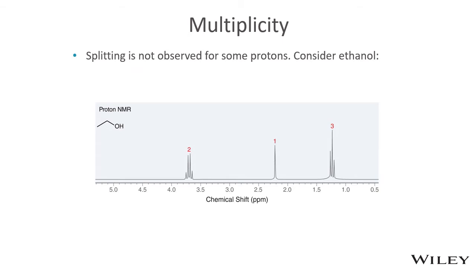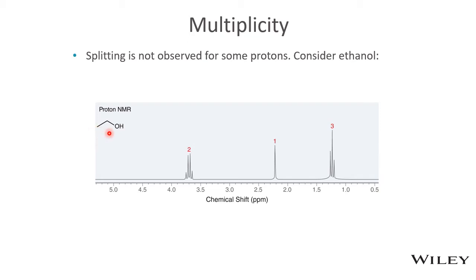Splitting is not observed for certain types of protons. For example, the H attached to the oxygen in an alcohol, or in ethanol in this case, does not participate in splitting. The reason behind this is that this H is known as a labile hydrogen, and so it's easily removed and exchanged with other hydrogens either in the solvent or in other alcohol molecules. As a result, this H does not stick around long enough to cause any splitting for the neighboring hydrogens on these carbons over here.